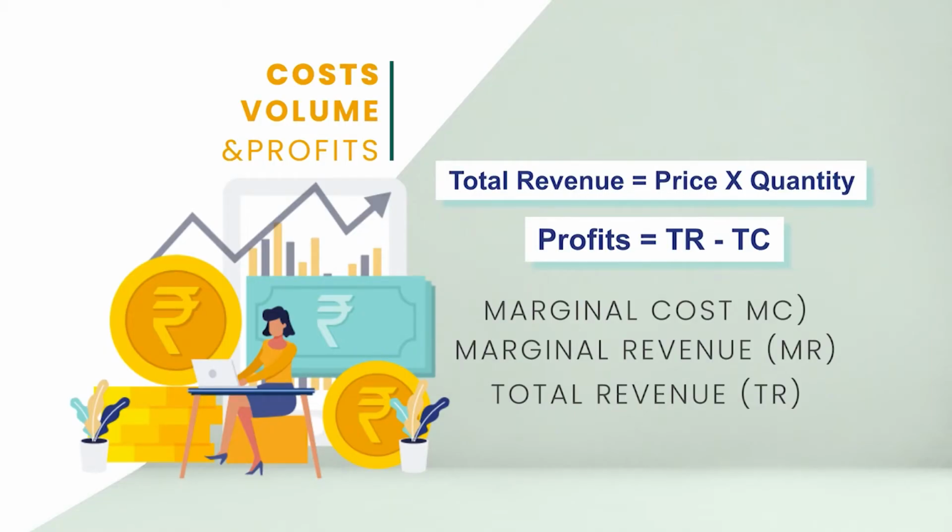Businesses have to incur costs. But when you sell your product at a certain price, whatever volume that you sell, that's going to be your total revenue. So in business terminology, this refers to turnover, sales revenue. And total revenue minus total cost is the total profit.